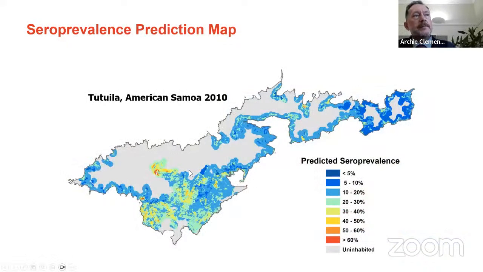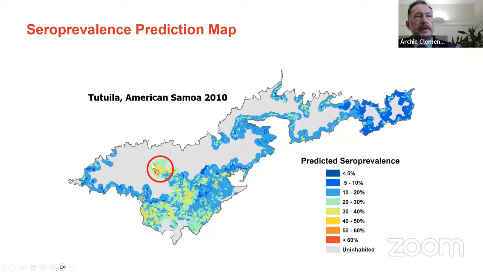From that spatial prediction model, we were able to predict or estimate risk across the inhabited areas of Tutuila. This is the predicted seroprevalence of leptospirosis on the island, and this is the spatial cluster that we detected using the scan statistic. We also predicted using our spatial prediction model that this would be an area of high predicted risk.